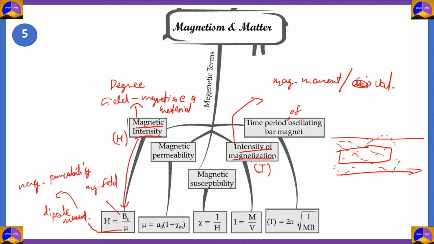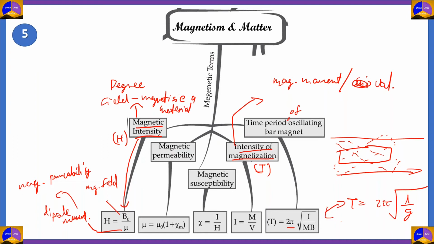So now it starts to rotate about its center like this, given in the figure. The time period for this motion is given by the formula 2 pi times root of I by mB. So this is similar to 2 pi root of L by g.